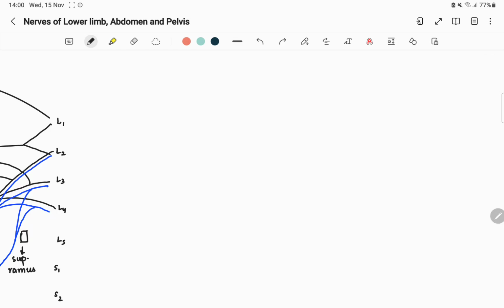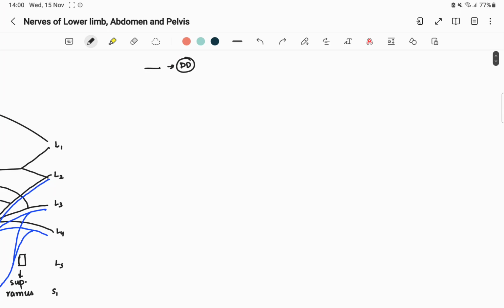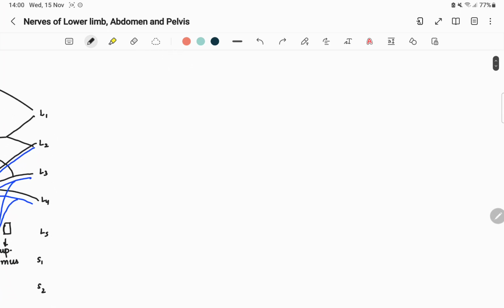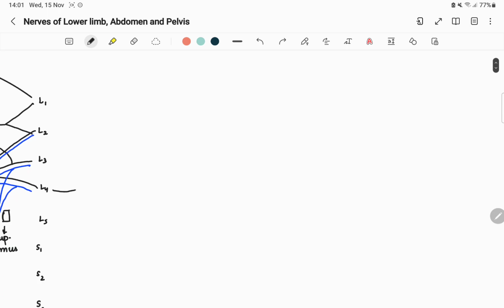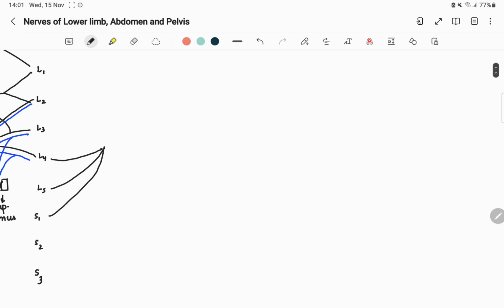First of all, let's start with your superior gluteal nerve, arising from the dorsal division, from L4, L5 and, sorry, not L6, S1. There is no L6.